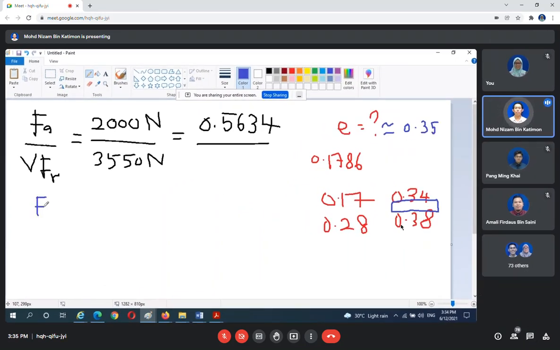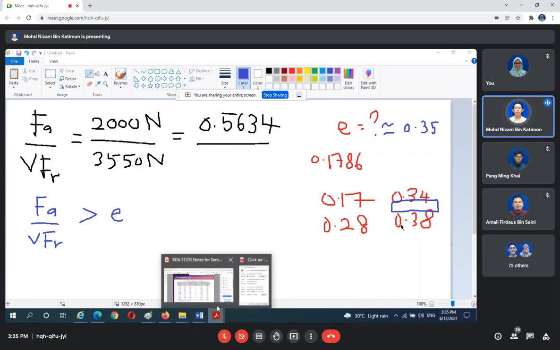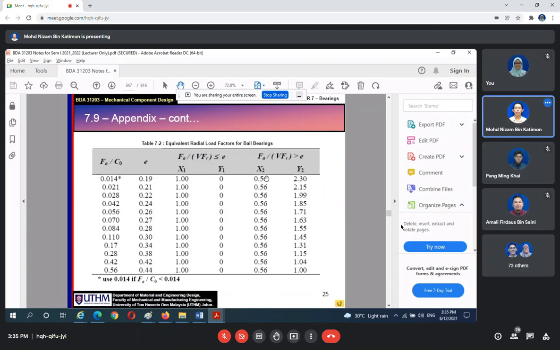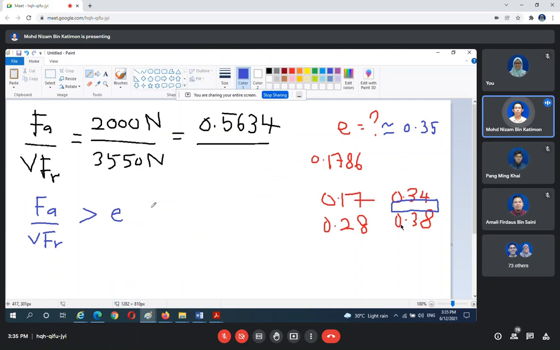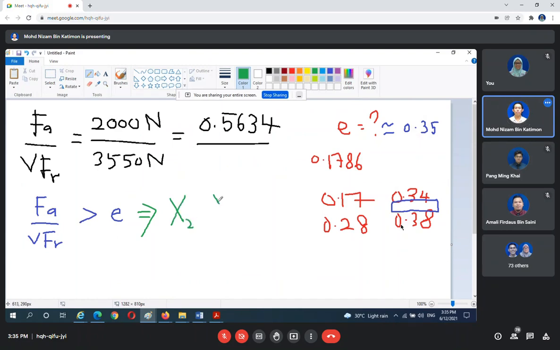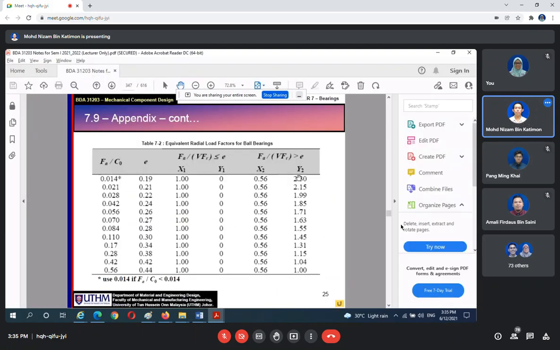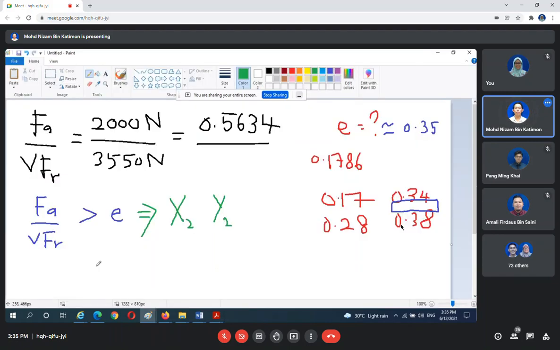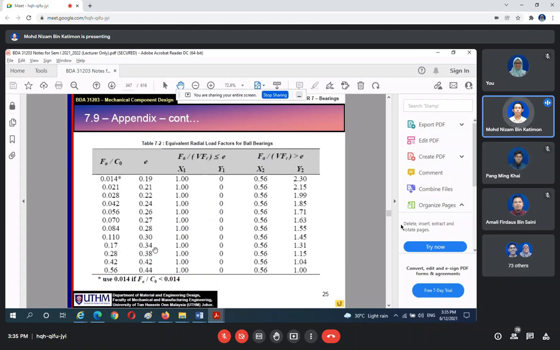So in this case, FA over VFR, 0.56, is bigger than the value of E, 0.35. Therefore, we need to use X2, Y2. We are here just now.